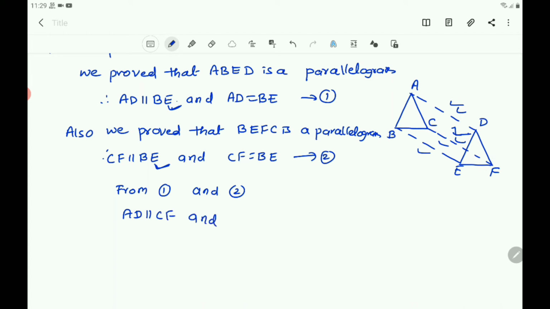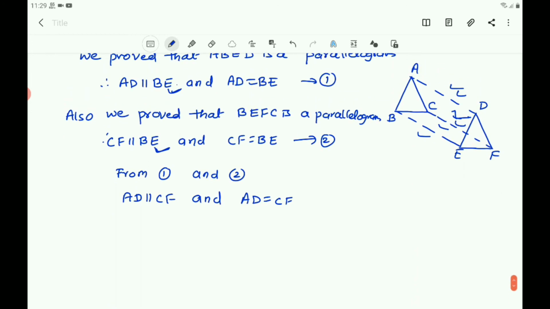And also the same line BE is equal to AD and CF. Therefore, AD must be equal to CF. Here, things which are equal to the same thing are equal to one another, and lines which are parallel to the same line are parallel to each other. So you got the third one.